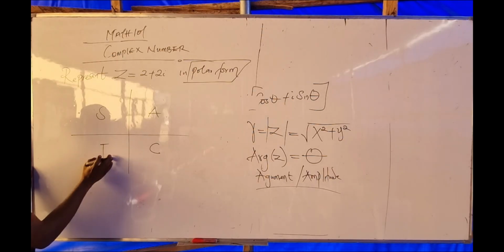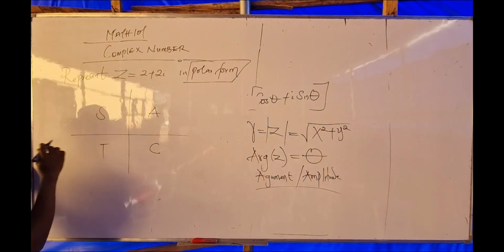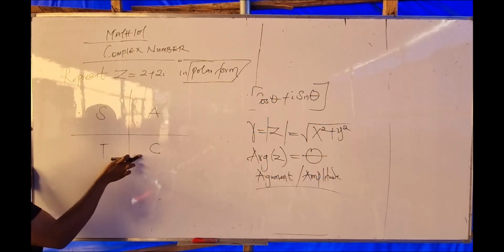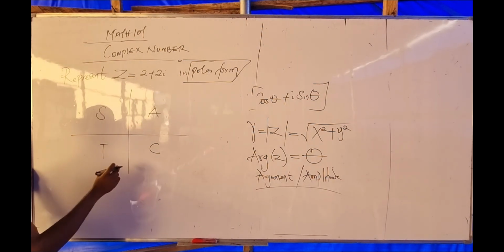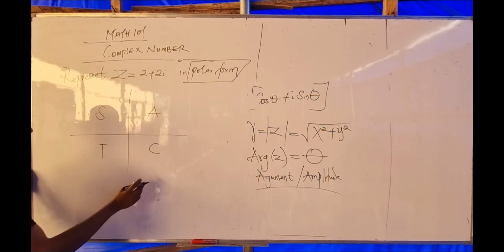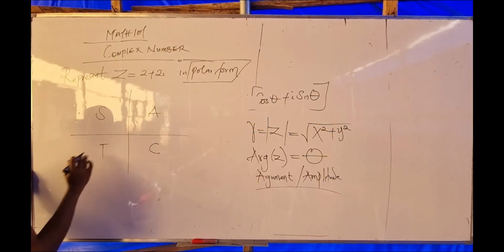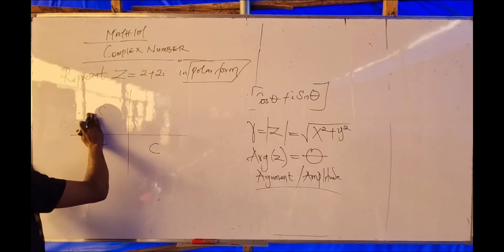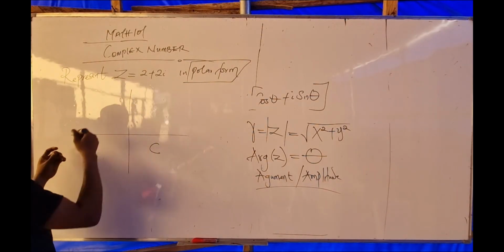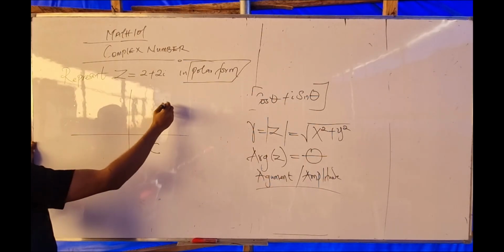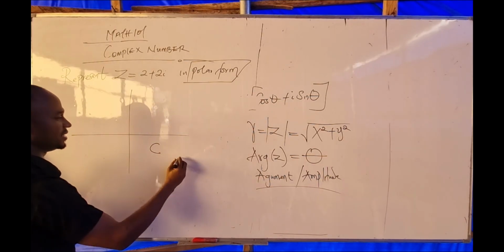Tangent means tangent is positive, but sine and cosine are negative. Cosine means cosine is positive, so sine and tangent are negative in this quadrant.